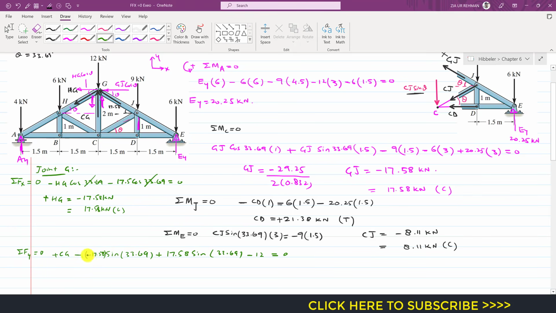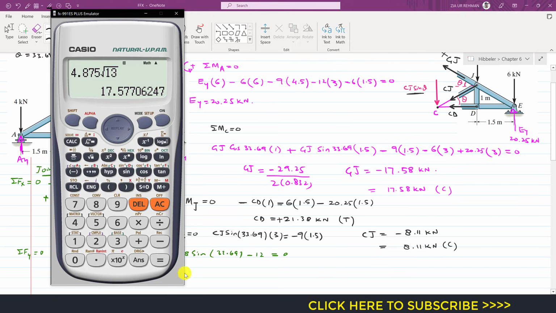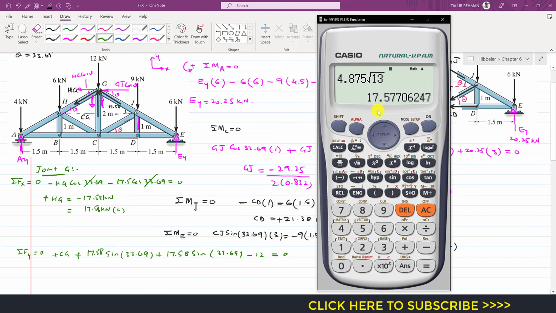So if I multiply this minus sign with minus sign, it will become plus 17.58, and they will add up. So this is 2 times 17.58 sine of 33.69, and minus 12.